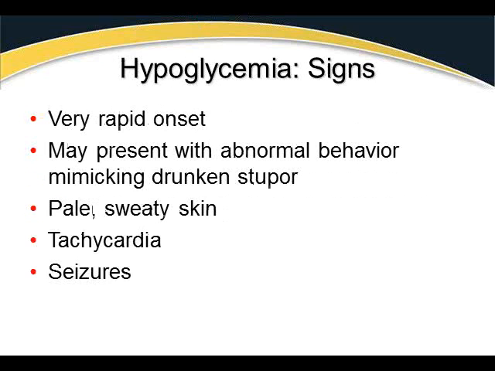So, signs of hypoglycemia. Remember, hypoglycemia is low blood sugar. Very rapid onset. That's one to keep in mind, it is a very rapid onset. And with that, you can compare it a lot of times to the hyperglycemic patient.